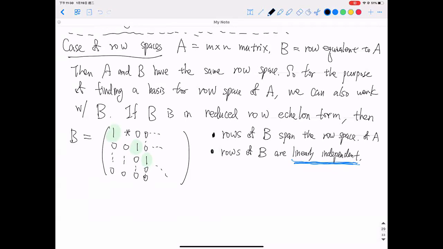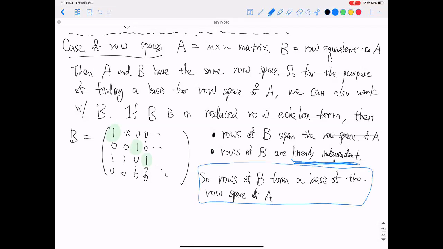You get that the rows are linearly independent. So that tells us that rows of B form a basis of the row space of A. This is the consequence of this observation. Keep in mind that we are assuming that B is in reduced row echelon form.